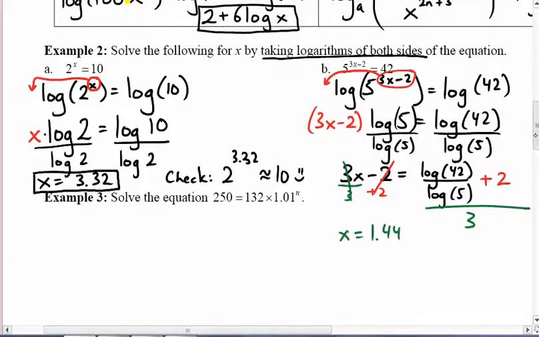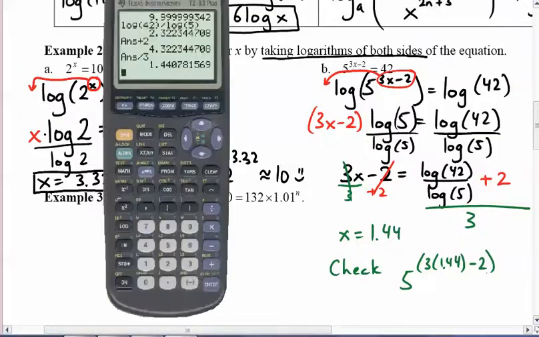And I'll check that using a multitude of methods. So whenever you have a lot of terms in the exponent, it's important to put those terms in brackets. 5 to the power of 3 times 1.44 minus 2 is about 42.